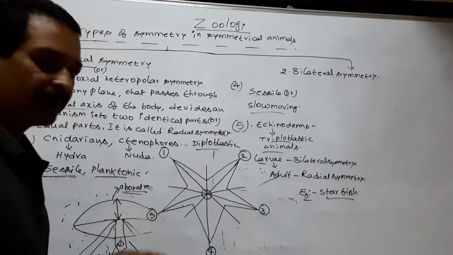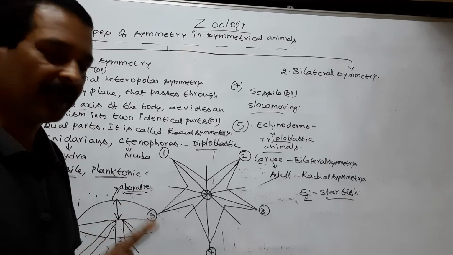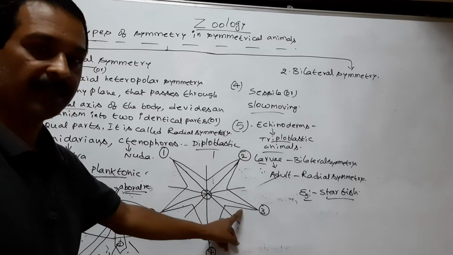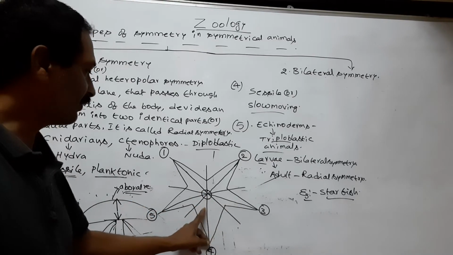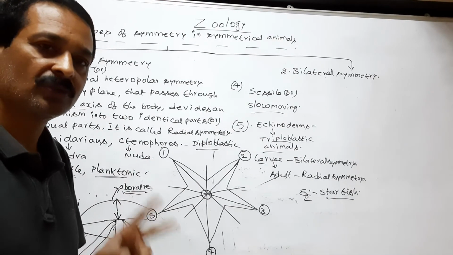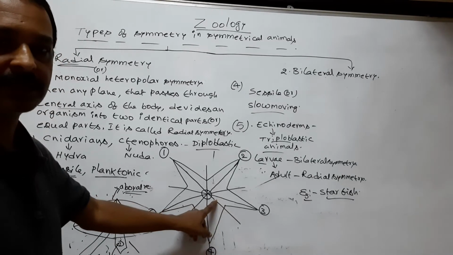Starfish or echinoderms possess a single axis, but they possess 5 planes. So the starfish divides into 2 equal parts through any one of the 5 planes.